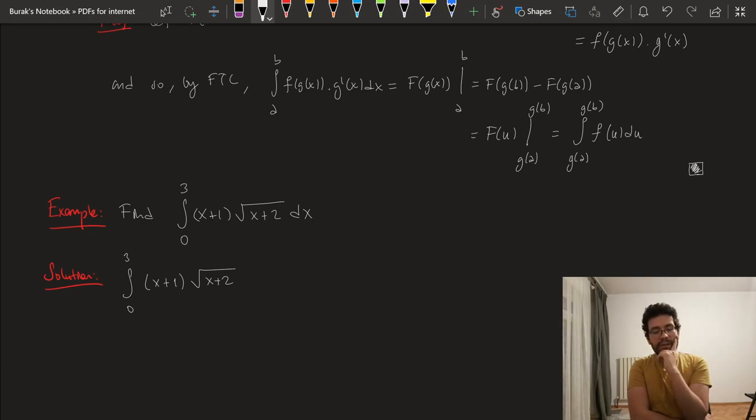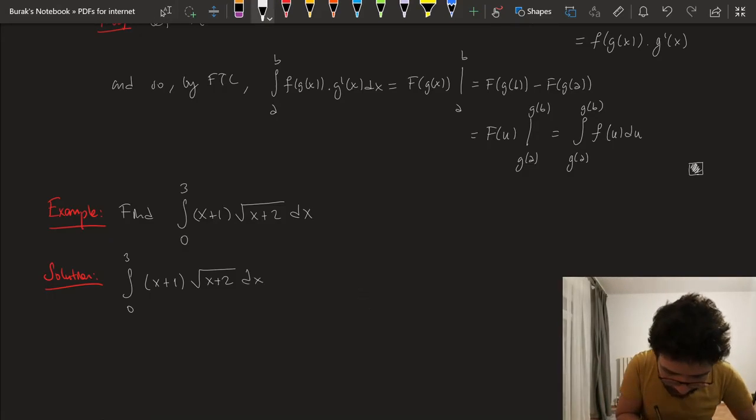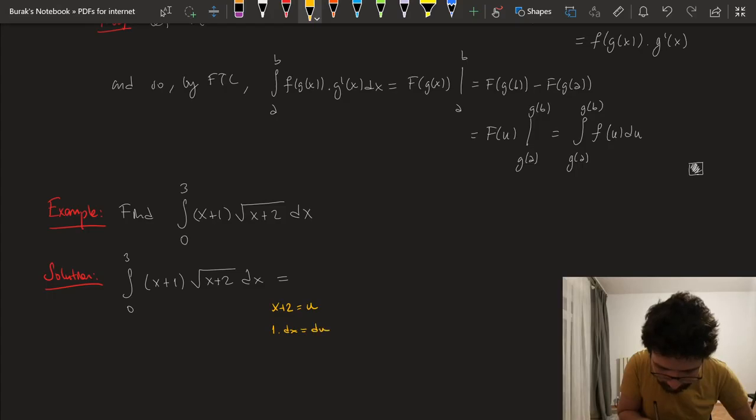So what I'm thinking is, why don't I try to do some substitution so that I get rid of square root of x plus 2, but instead I get square root of whatever variable I'm going to have. So I am going to call x plus 2 my u. Then, when you take the derivative of the left-hand side, you're going to get 1. So 1 times dx is my du.